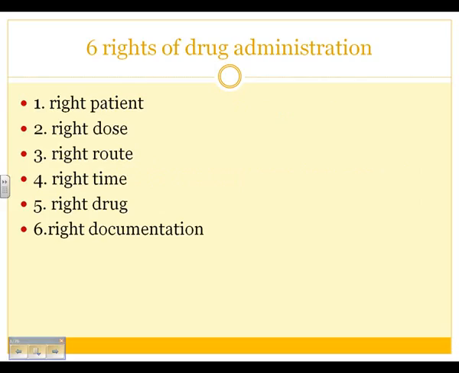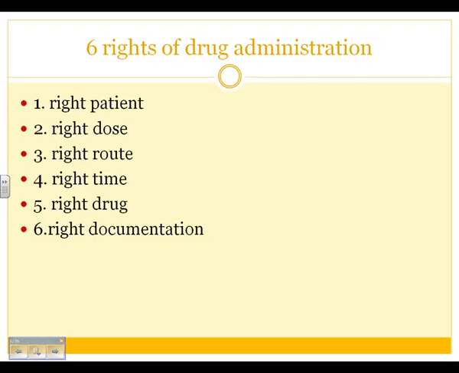All right, you do need to commit these to memory. These are the 6 rights that we check before we give any medication, so we're going to go through those. The right patient is pretty self-explanatory. It is really important that you give the medication to the right patient in the first place. So we're going to check their name, their medical record number, their account number, and their date of birth.